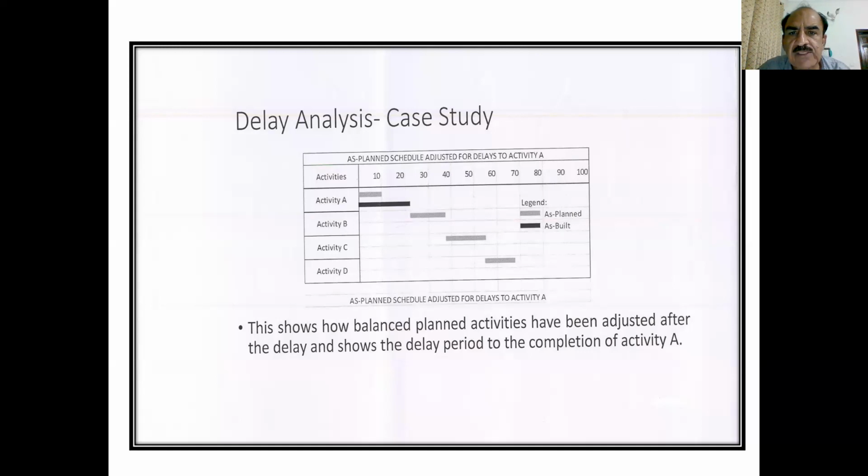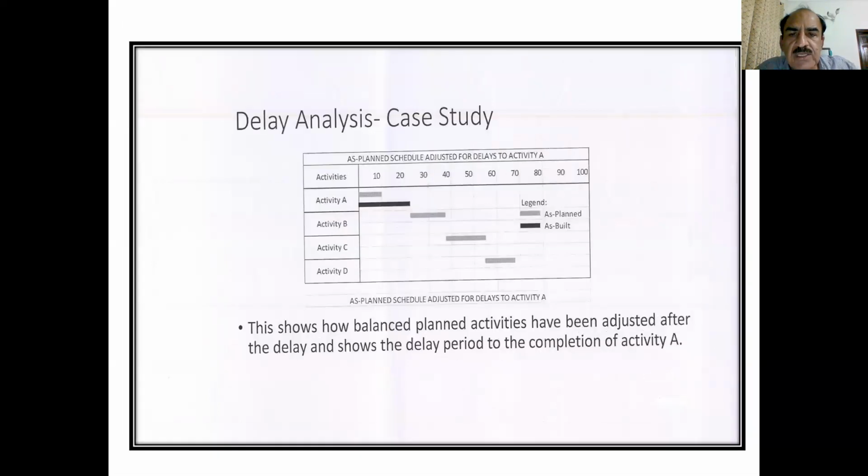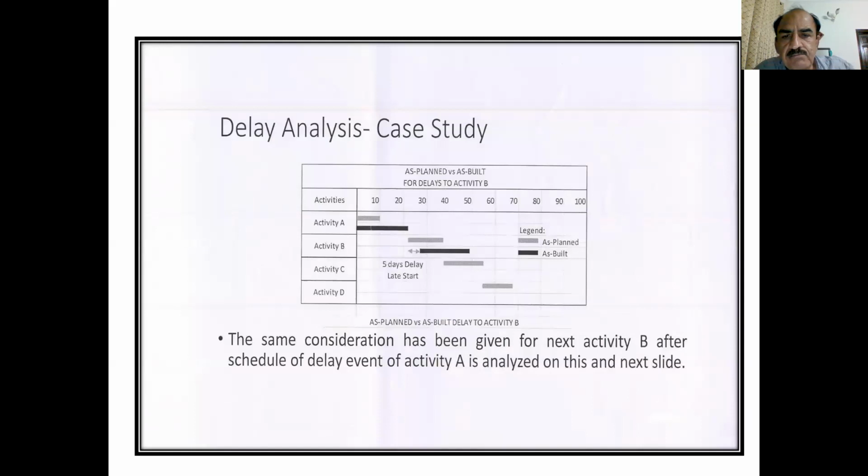If you go into the big slide, the first activity was delayed by 12 days, and based on that we adjusted the remaining activities so that we can start the second activity after the 22nd day, and then the plans of the remaining activities were done accordingly due to the delay of the first activity.